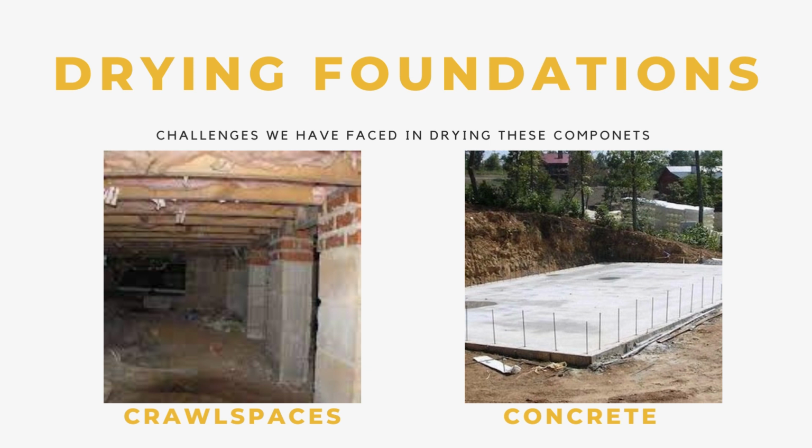You'll also have some concrete slab on grade. You'll see there on the right, and that's where, constructed properly, you would put gravel down and then put a vapor barrier, usually 6 mil plastic, on top of the gravel to stop moisture from coming up through the ground. And then you put your reinforcement in and then your concrete in.